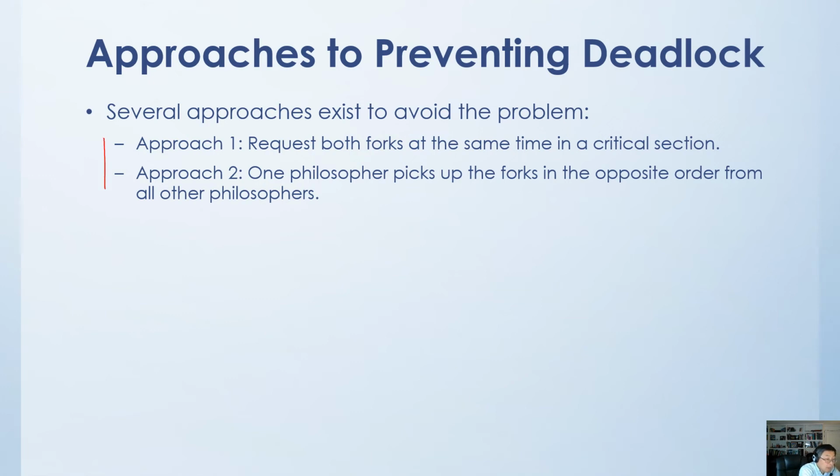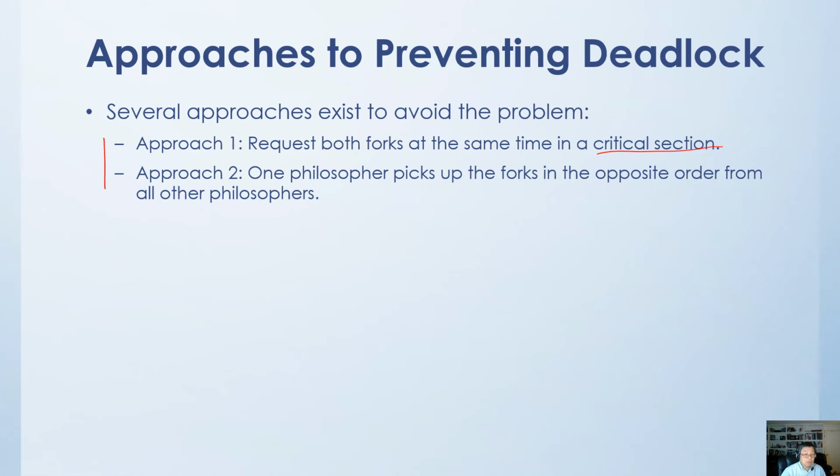One requests both forks at the same time in the critical section. That means you are not going to pick the left fork first and the right fork second. You have to make sure that if both forks are available, then the philosopher can pick both and eat.